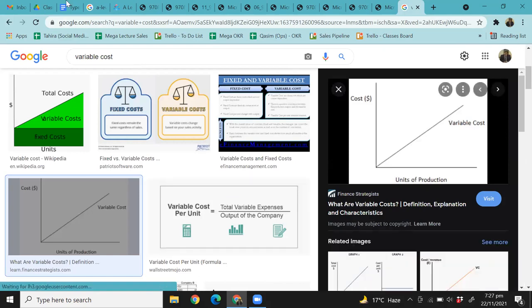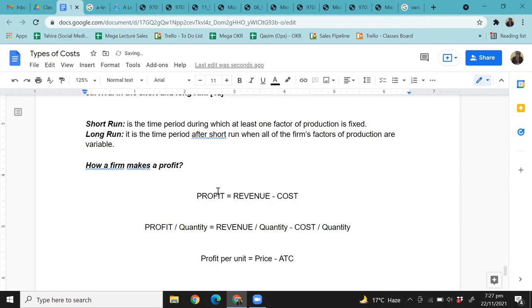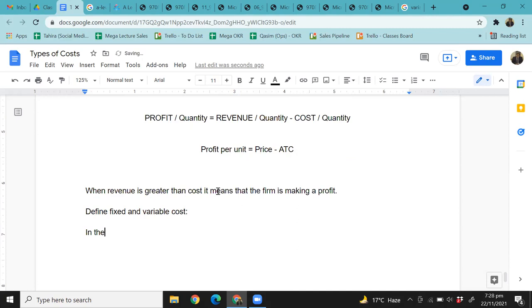Okay, now this being said, after you've defined the fixed and the variable cost, now this is the main part of the question. In the short run, the objective of the firm is only to cover its variable cost.